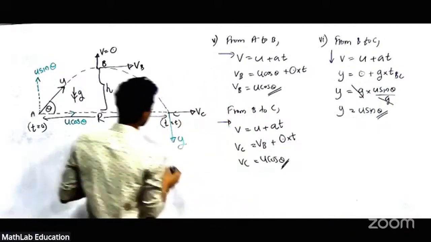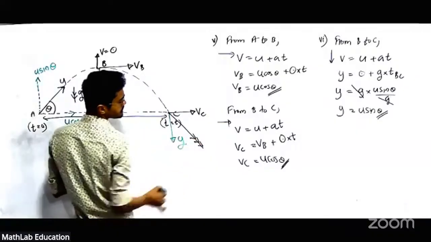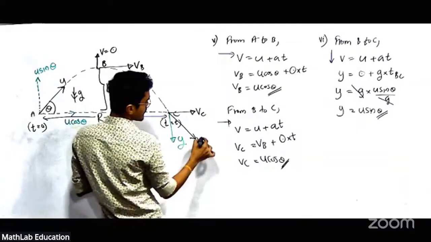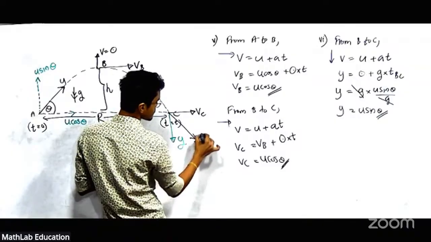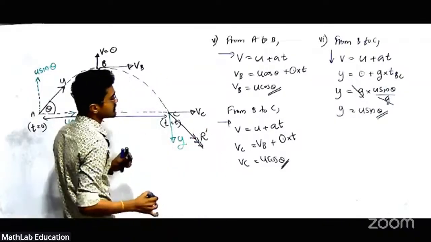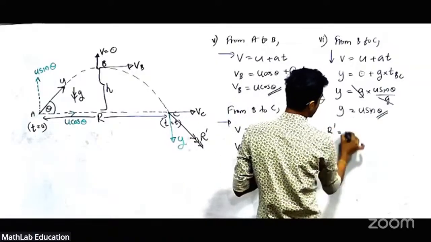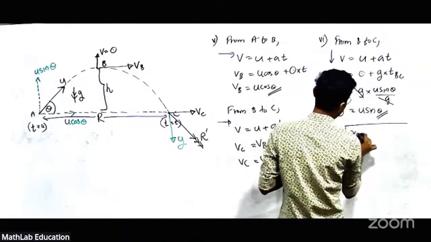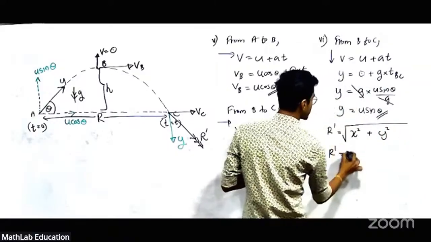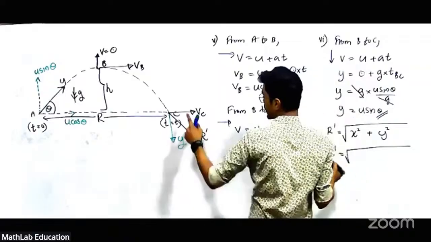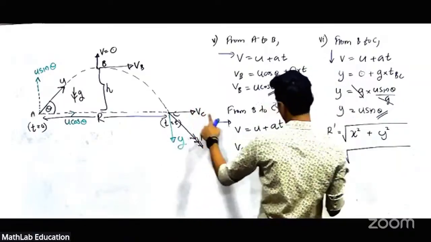Now the net velocity, the resultant velocity, is acting in between. Let's say the resultant velocity is R dash. We can write R dash as root x squared plus y squared. The x direction is this horizontal direction, VC, which is known.